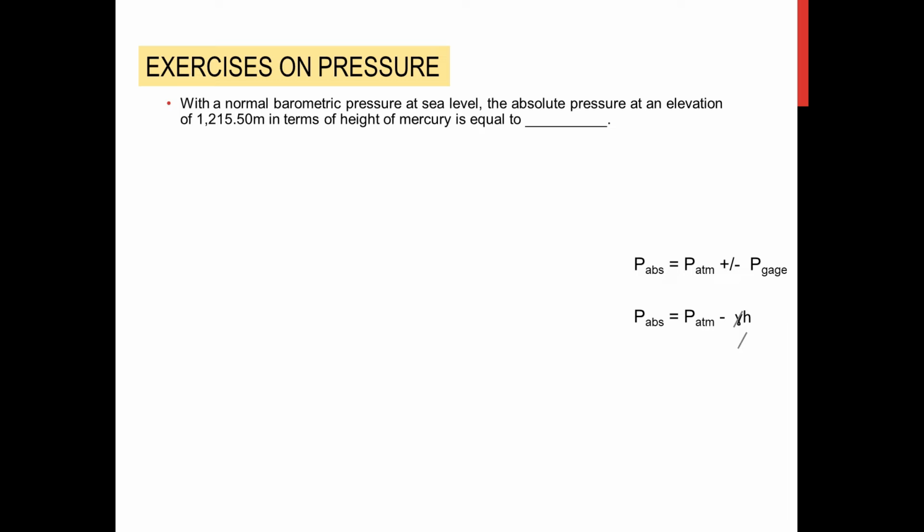Another problem here: with the normal barometric pressure at sea level, the absolute pressure at an elevation of 1215.5 in terms of height of mercury is equal to blank. We have here the given weight of air equivalent to 11 Newton per cubic meter, and Hg is equal to 760 millimeters of mercury at sea level.